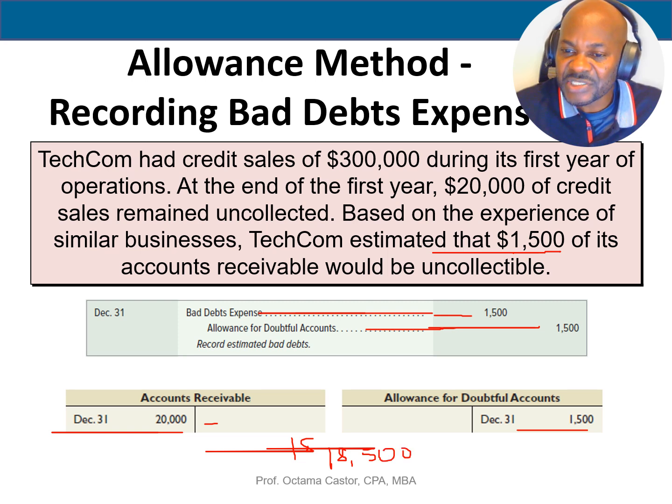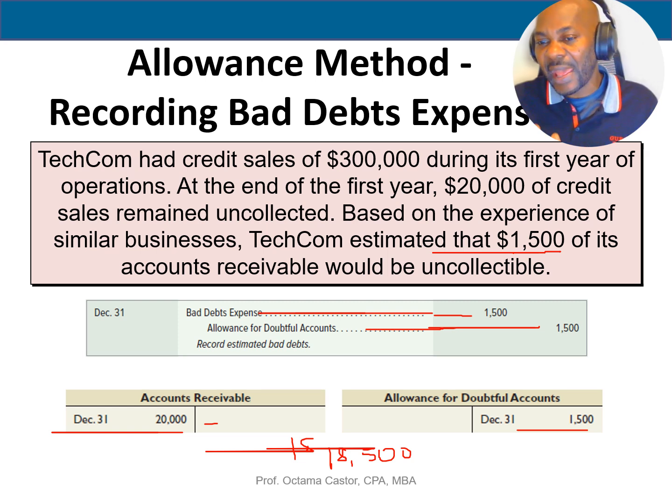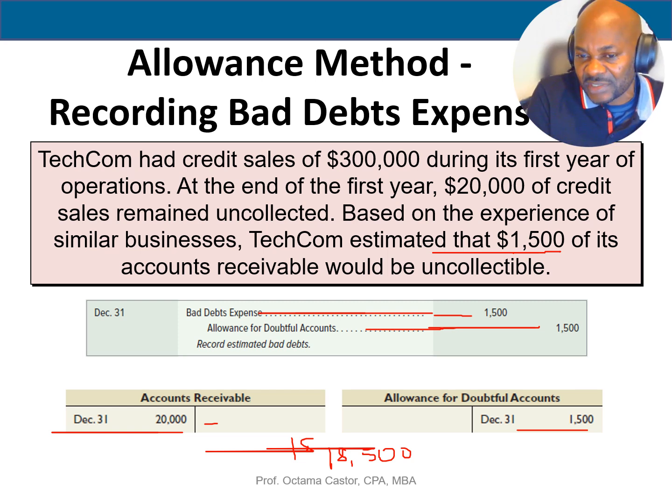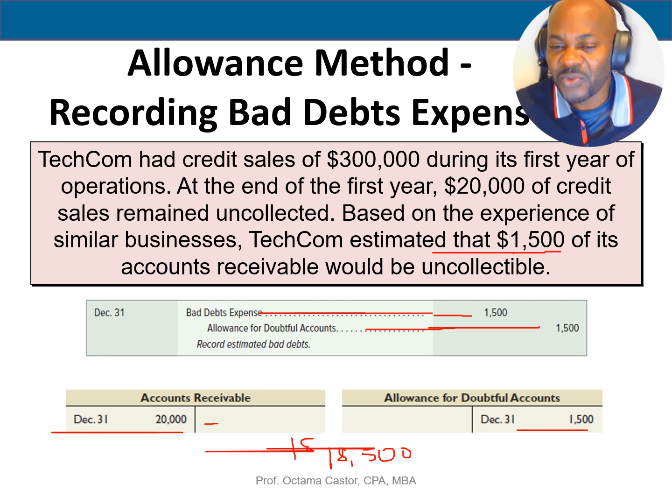Okay, so that's the net realizable value of your accounts receivable that you expect to receive: 20,000 minus 1,500. So the allowance for doubtful accounts is considered a contra account, which means it's there to offset the value of the accounts receivable. I hope that makes sense. Let's take a look at another example.